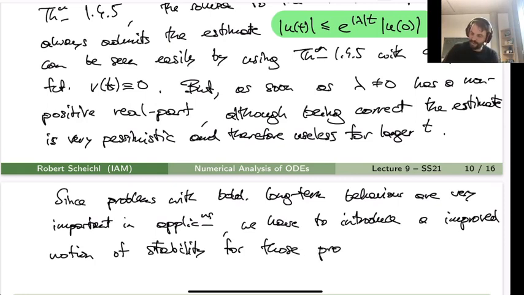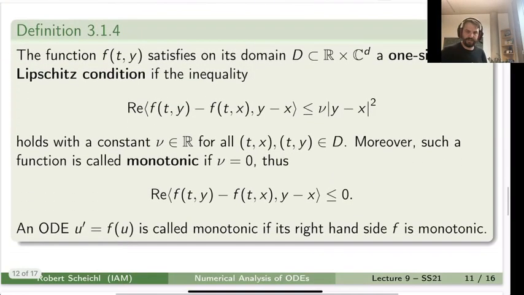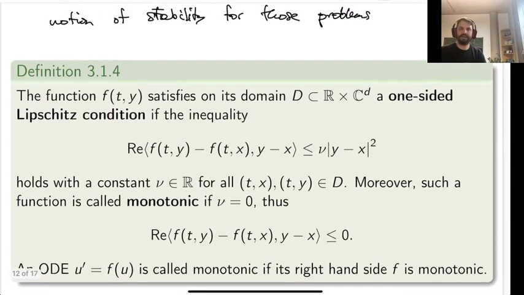So problems where the real part is positive or has one positive eigenvalue or many positive eigenvalues will have exponentially growing solutions, but for those which do not have that, we need a new notion of stability. And this new notion of stability is very similar to the old one, but significantly different.